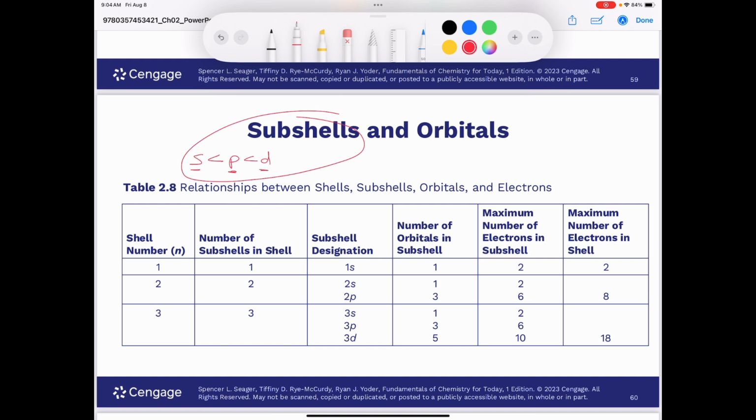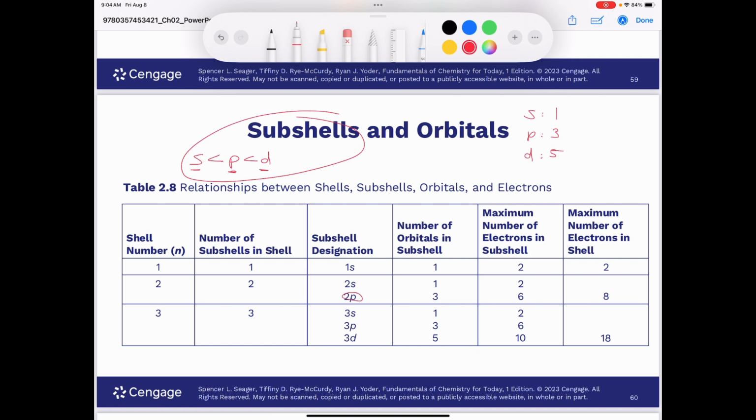Now, if we go from the subshell designation to the number of orbitals in a shell, remember, I told you that when it comes to S, there's 1 type of orbital. When it comes to P, there's 3 types of orbitals. And when there's D, there's 5 types of orbitals. So if we have a 1s, there's only an s, so there's only 1 type of orbital. Then if we have a 2s, again, an s only has 1 orbital.